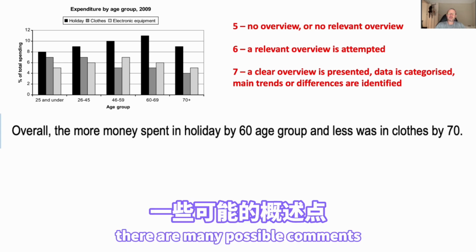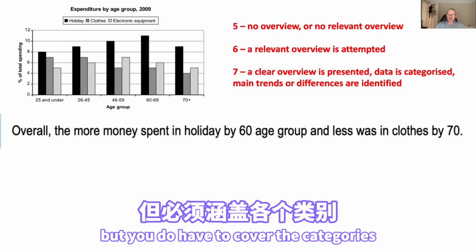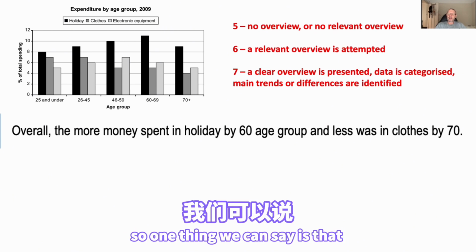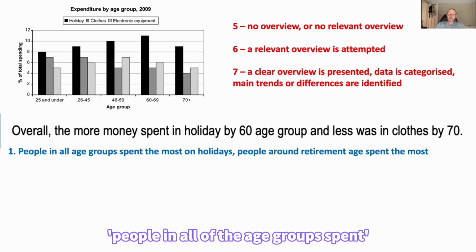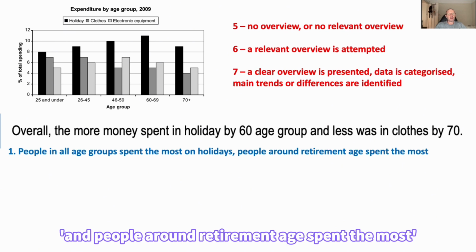And I want to mention there are many possible comments. You don't have to mention lots and lots, but you do have to cover the categories, and you should be referring to the age groups at least generally. So one thing we can say is that people in all of the age groups spent the most on holidays, and people around retirement age spent the most.